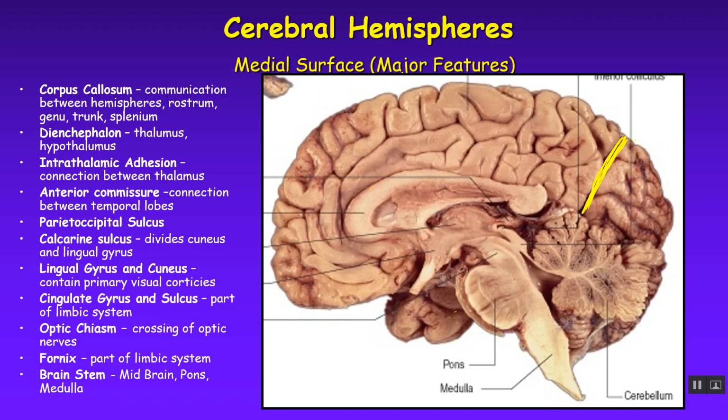This area here is called the calcarine sulcus. There's a sulcus right here called the calcarine sulcus, and that defines two different gyri. This is the cuneus.